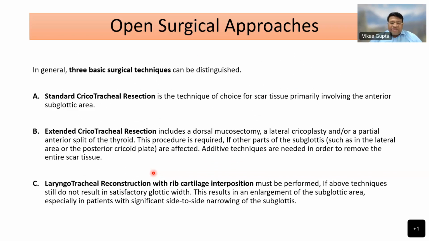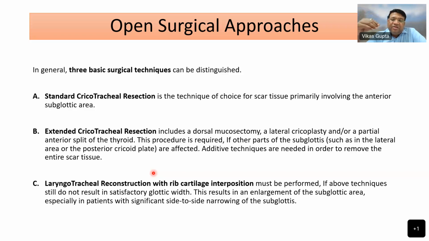There are basically three open surgical approaches. They can be classified into three procedures. One is standard cricotracheal resection. It is the technique of choice where the scar tissue involves primarily the anterior subglottic area.